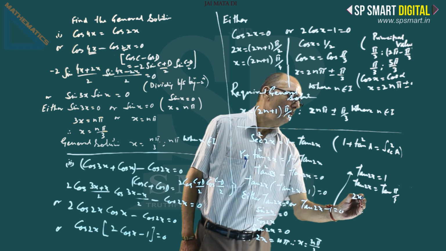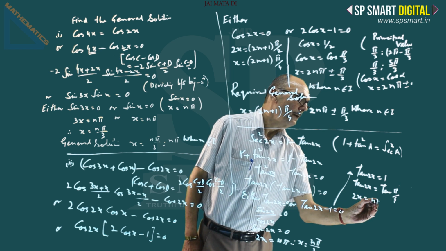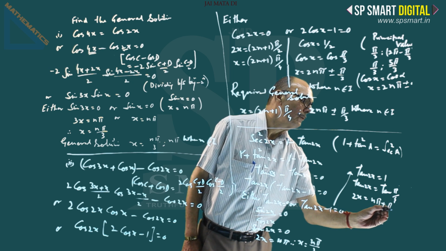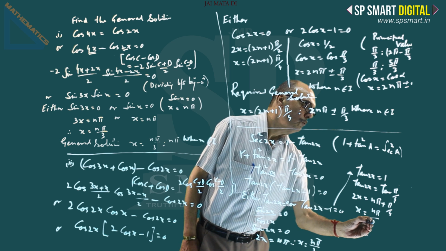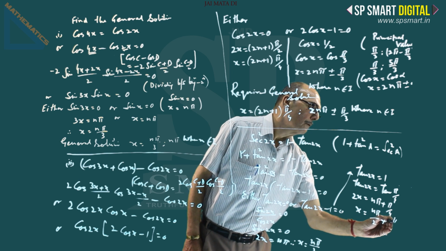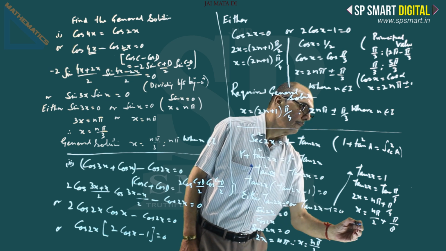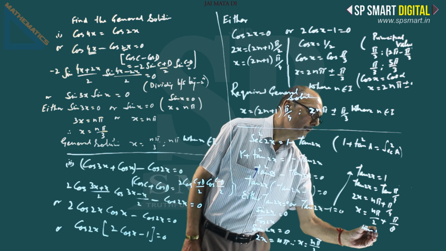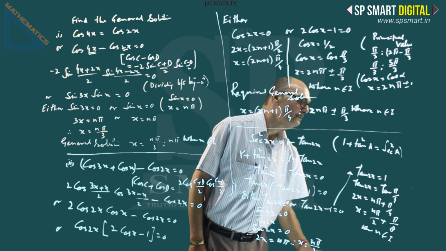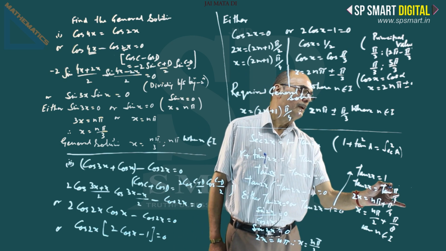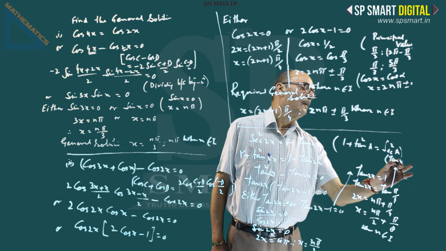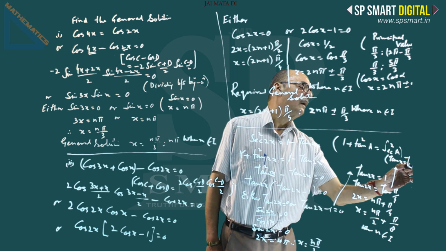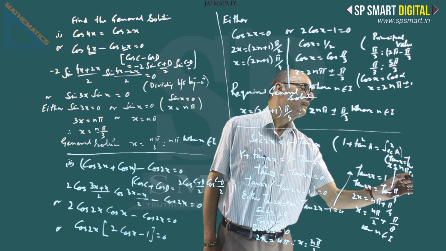So, 2x equal to n pi plus pi by 4, or x equal to n pi by 2 plus pi by 8, where n belongs to integers. The formula used here is: if tan x equal to tan alpha, then x equal to n pi plus alpha.